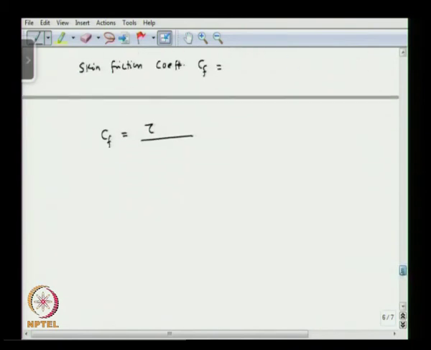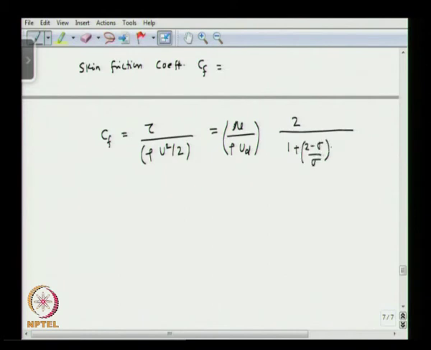So, tau divided by rho u square over 2. So, you can write this as mu over rho u d into 2 divided by 1 plus (2 minus sigma) over sigma into 2 lambda over d.